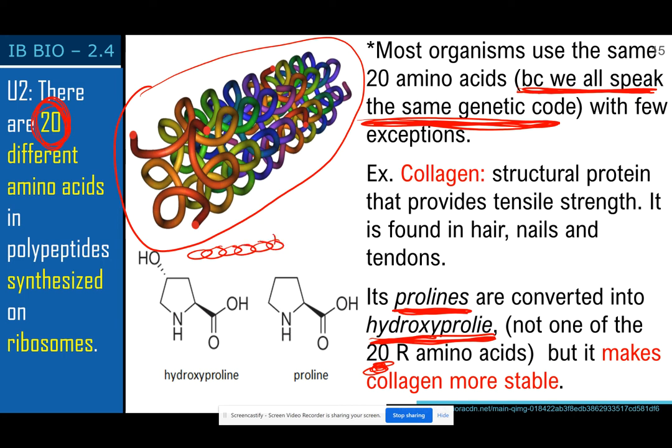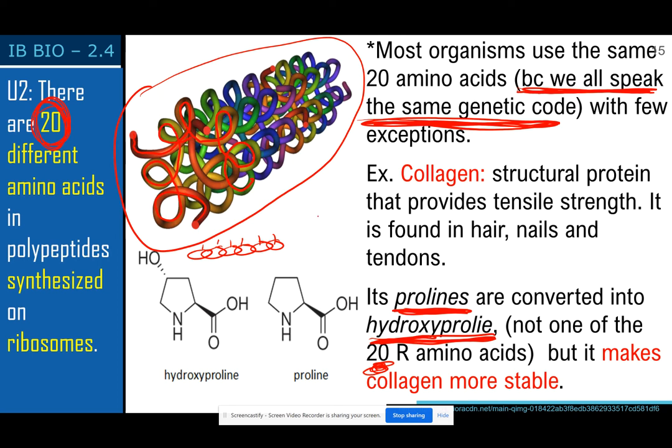Well, remember, they all have R groups sticking off of them that make them twist and turn different ways. So, here you can see one polypeptide chain that's twisting and going like that, right? Here we have another one that's twisting and going like that. And that's because of those R groups.